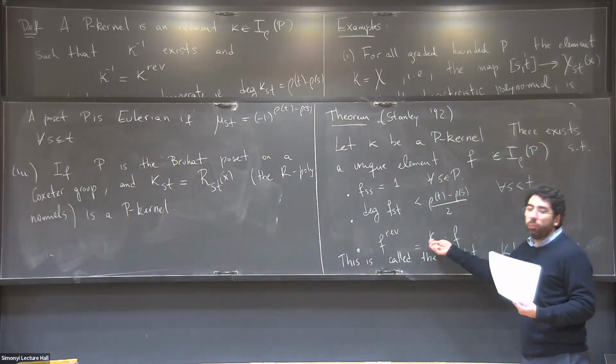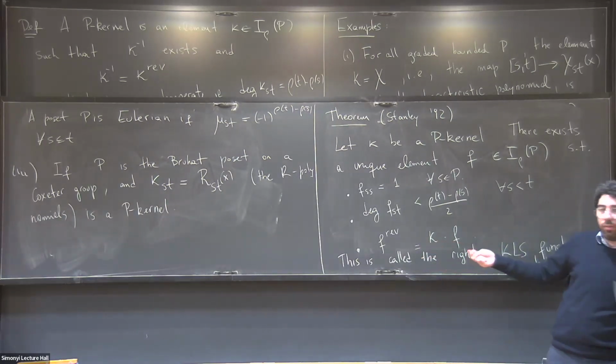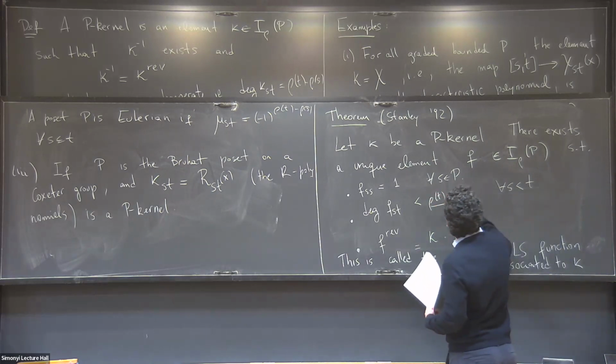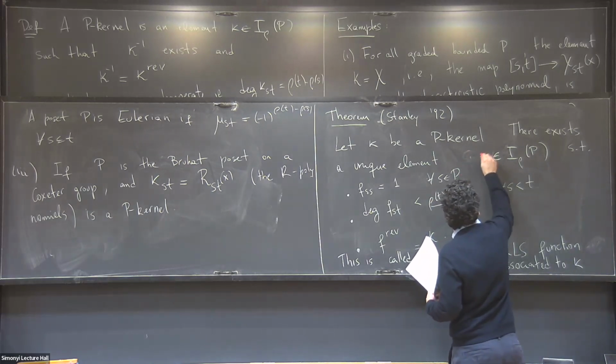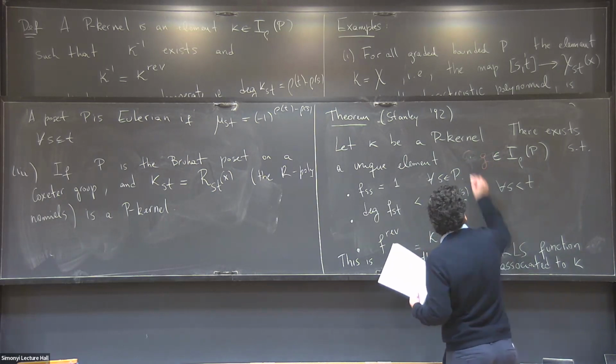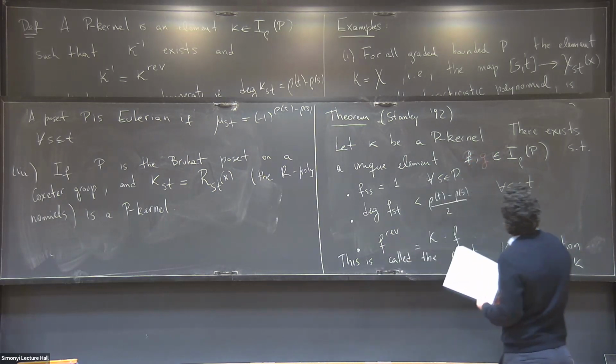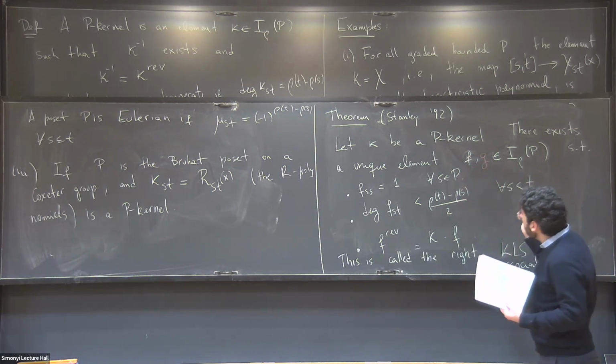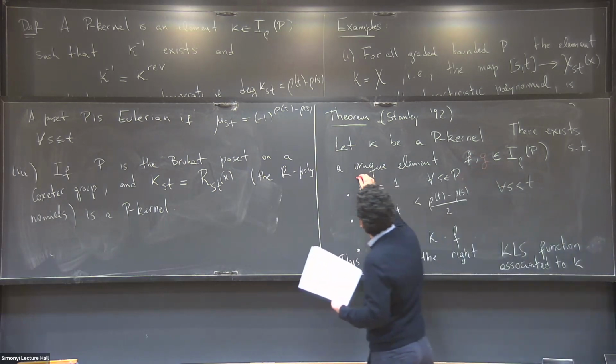There's no reason to prefer to multiply kappa to the left. You can say, okay, let me define an element g here. So let me keep the previous element f. And so there is a unique element g as well, such that the same condition holds here.